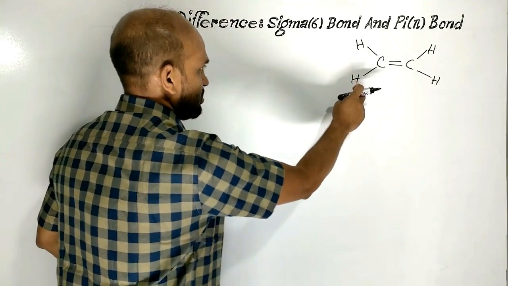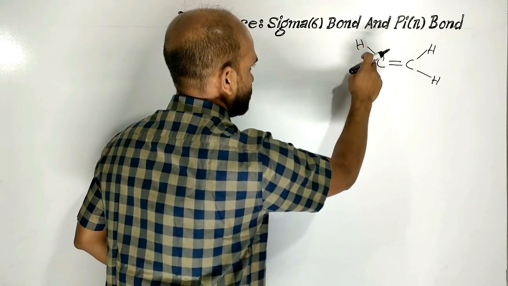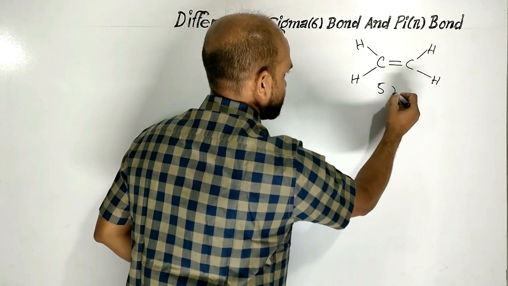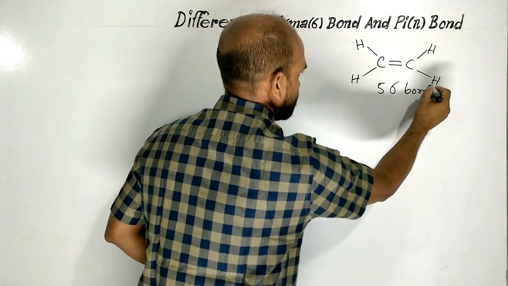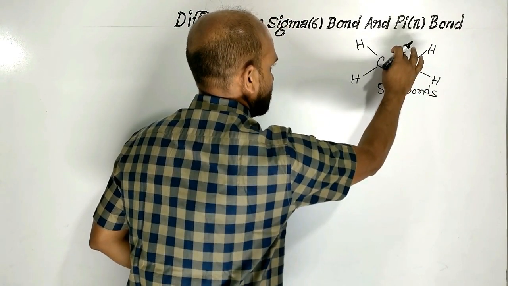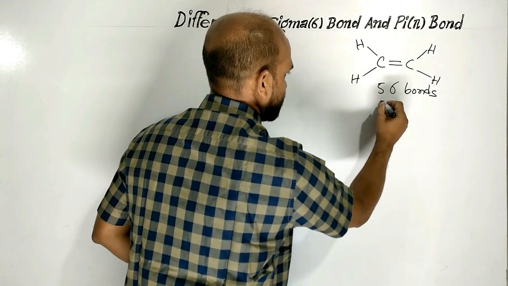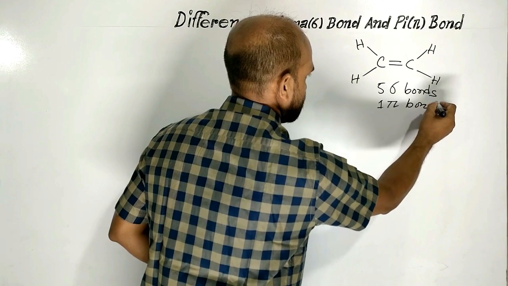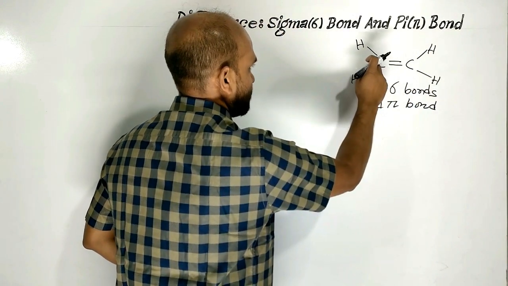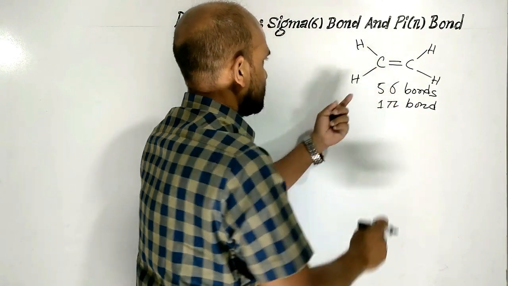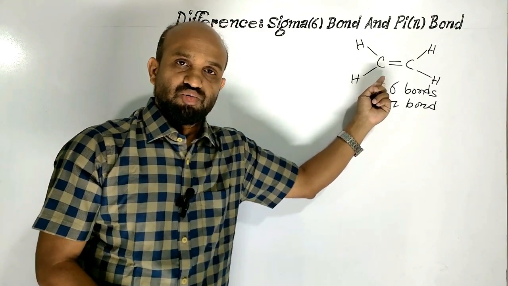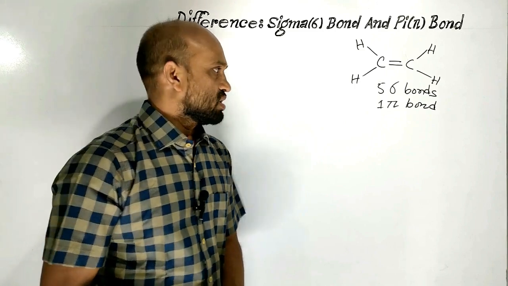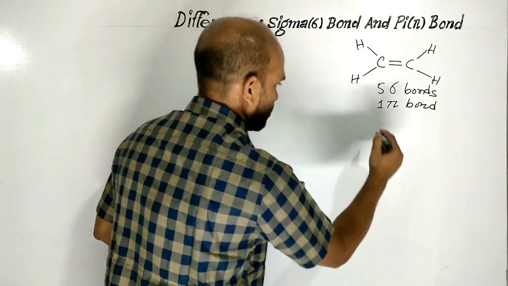In this molecule, there are 5 sigma bonds and one pi bond here. In case of the carbon-carbon double bond, one is a sigma bond and one is a pi bond. Let us see the orbital structure of this compound.